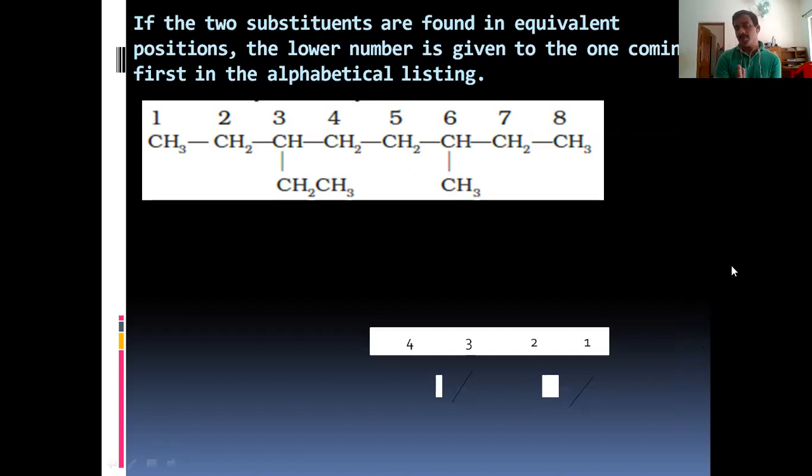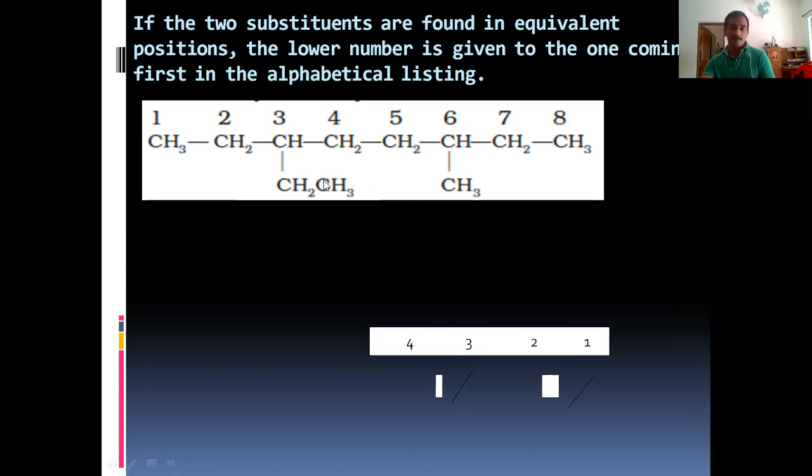If the 2 substituents are in equivalent positions, for example, here you can see ethyl in the third carbon atom, and methyl, if you start numbering from this side 1, 2, 3, also in the third carbon atom. So from which side do you have to start numbering? From this side or from this side? In such a case, you have to give preference to the substituent which is alphabetically first.